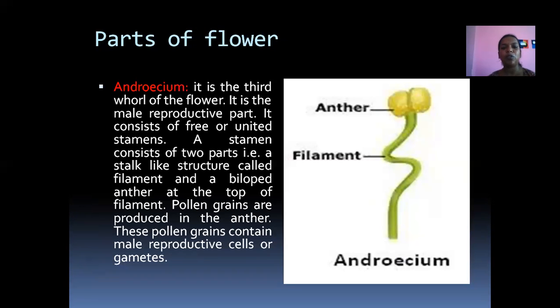Stamen consists of two parts, anther and filament. A stalk-like structure called the filament and a bilobed anther at the tip of the filament. Pollen grains are produced in the anther, and these pollen grains contain the male reproductive cells or the gametes.